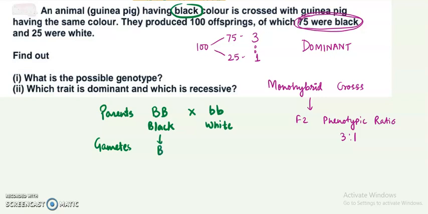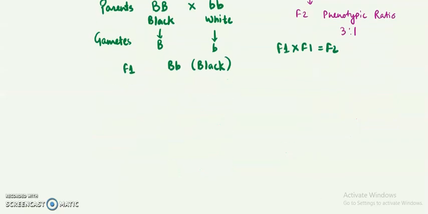Gametes would be capital B here and small b here. The F1 generation will yield all the pigs with black color. Now once you cross F1 with F1, what do you get? You get F2. So let's see.